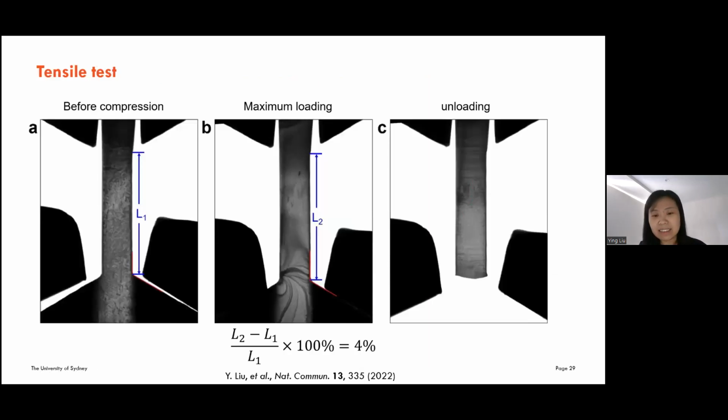Then we also conducted tensile tests. In the tensile tests, we didn't observe obvious dislocation-accommodated deformation, but we did observe that the tensile strain reached 4%.